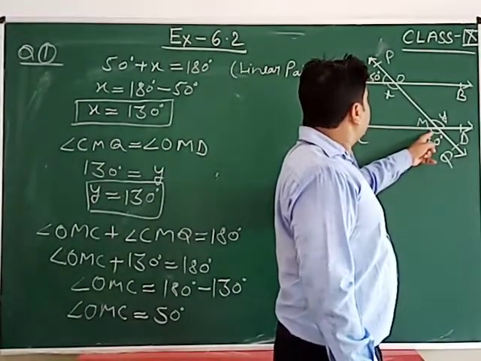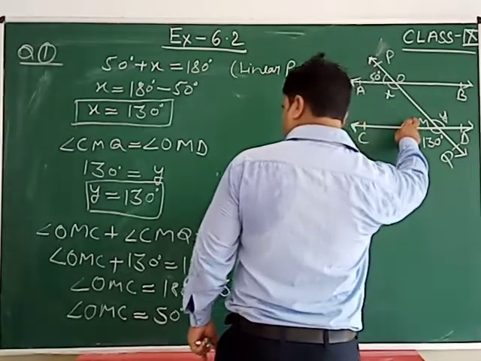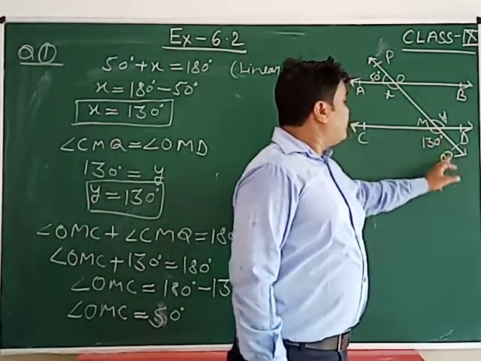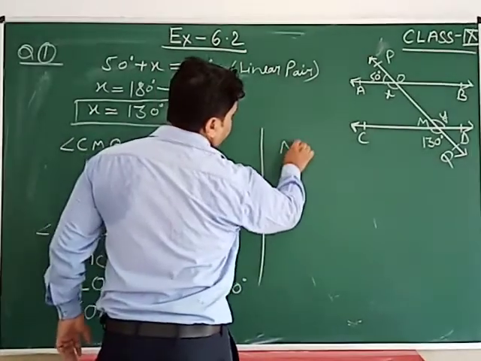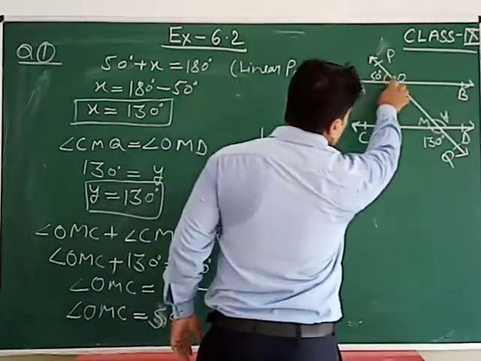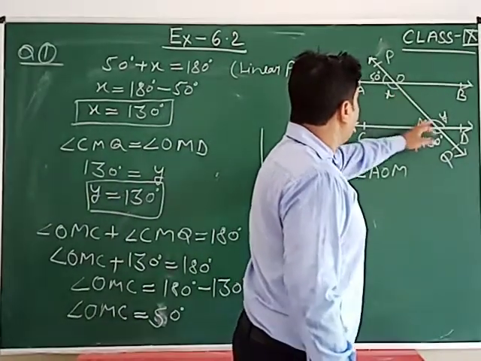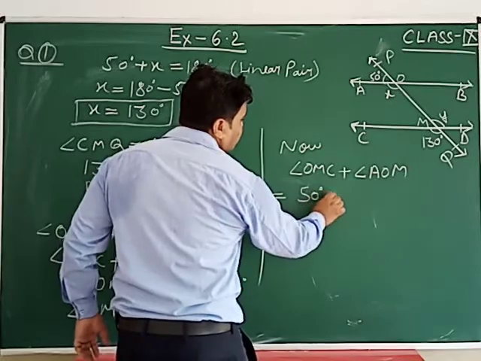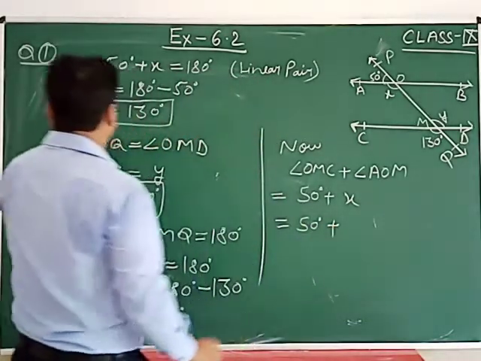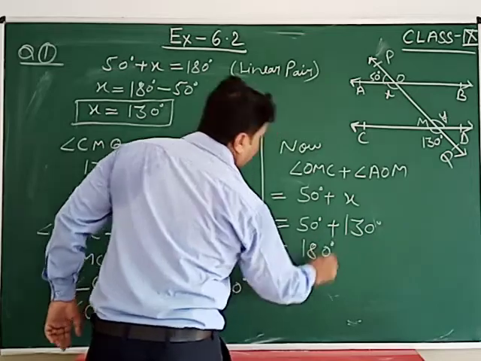Now OMC is 50 degree. So now angle OMC plus angle AOM equal to 50 degree plus AOM, which is x, 130. 50 plus 130 is 180.